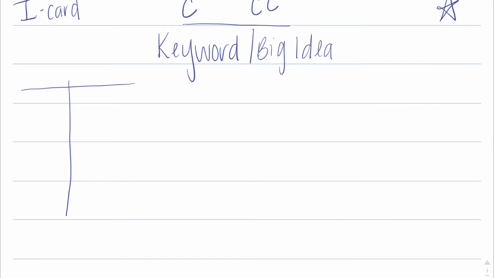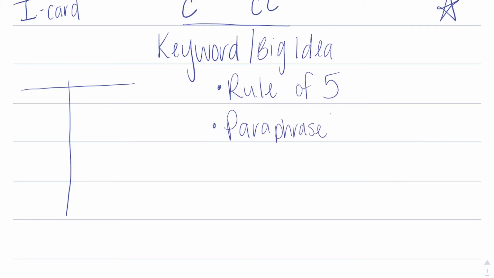A couple reminders here. When you are using your jot dots, you need to make sure that you use the rule of 5. So try to summarize and put that information into 5 words or less. You also need to make sure that you paraphrase. This information must be in your own words.